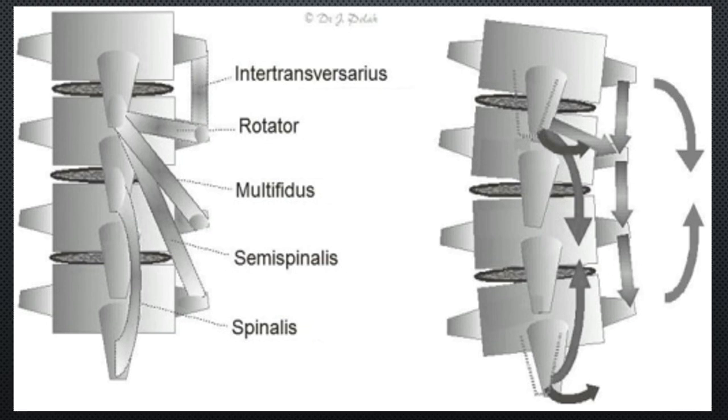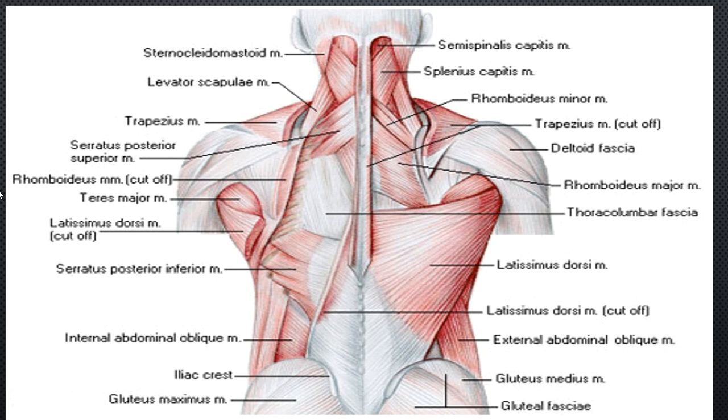And let's look at it as a whole. We can see the trapezius muscle here, and latissimus dorsi here, rhomboid major and rhomboid minor muscles, and here we can see the splenius capitis.